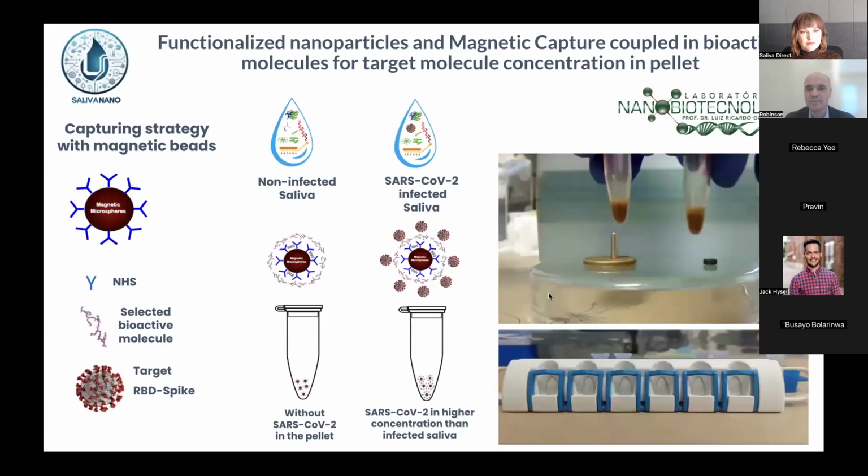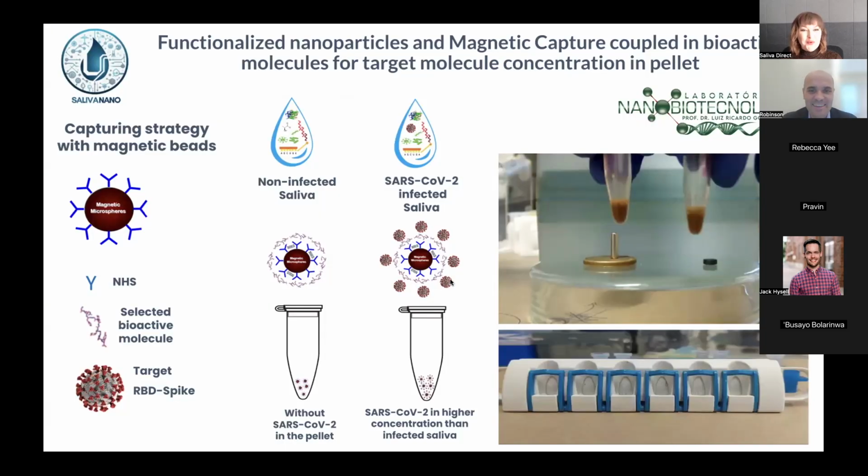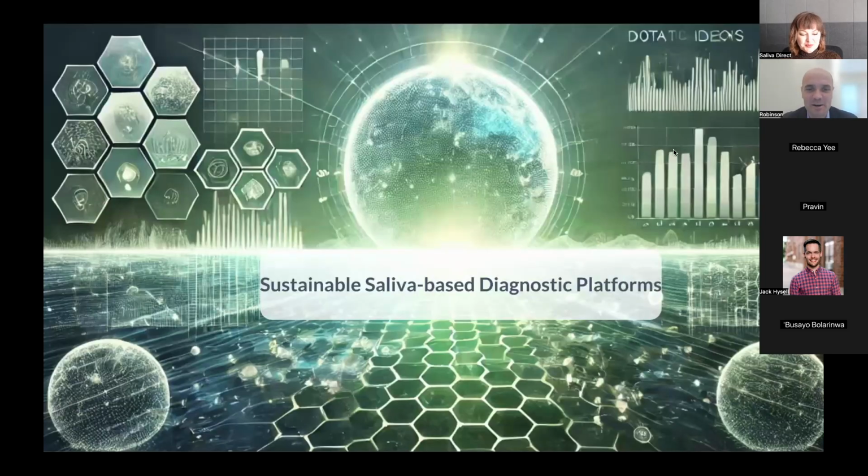This is another strategy. In that case, we used this magnetic assay. The next one is a video, and we can see that this magnetic assay can increase the sensitivity of our platform.